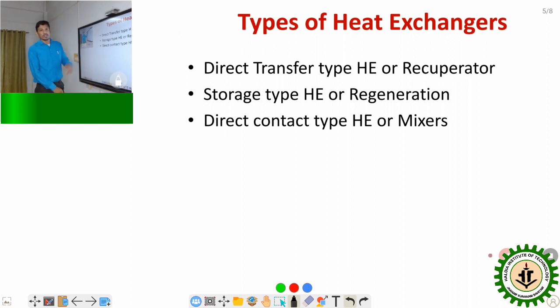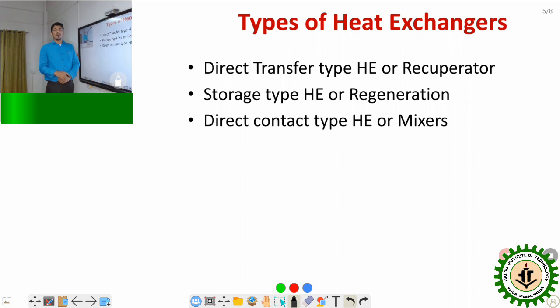Here the two fluids do not mix with each other. Only two fluids we will be discussing here: one is the hot fluid, another is the cold fluid. They never mix with each other. Okay, so they will be separated by means of some pipes, and the pipe is made of some metallic material.